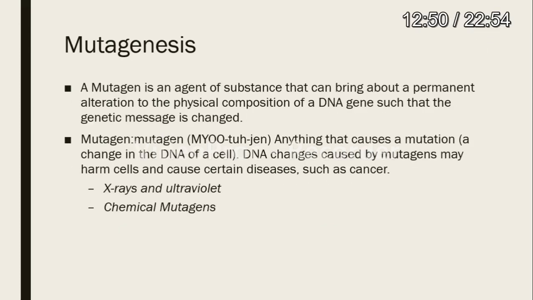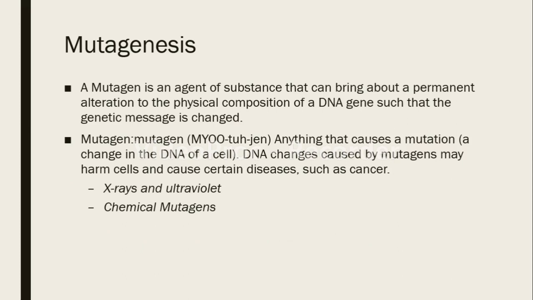You know that about the terms of mutation, but this is simply a temporary change. But why do you need to understand the terminologies of mutagenesis? Mutagenesis means a permanent change takes place in the DNA genes.